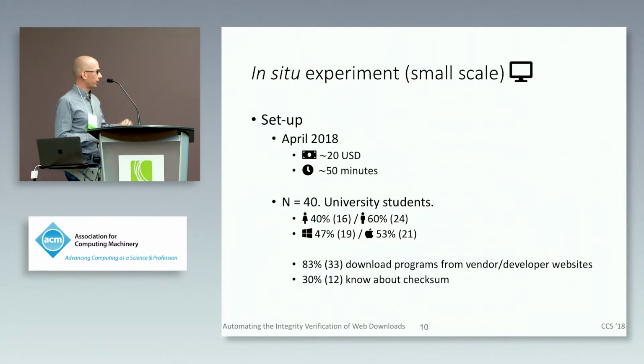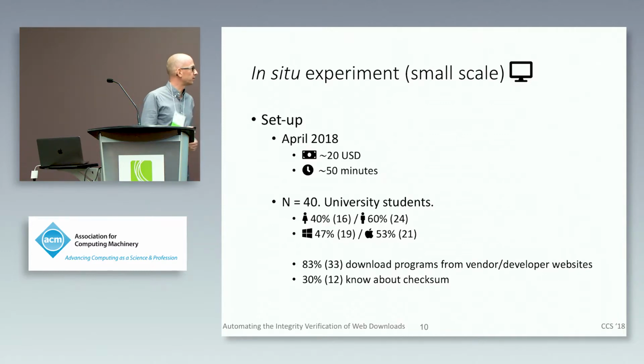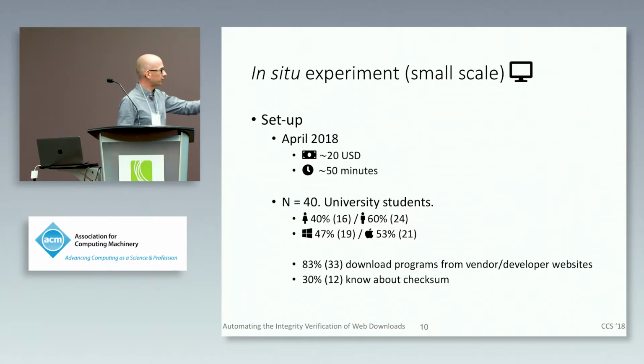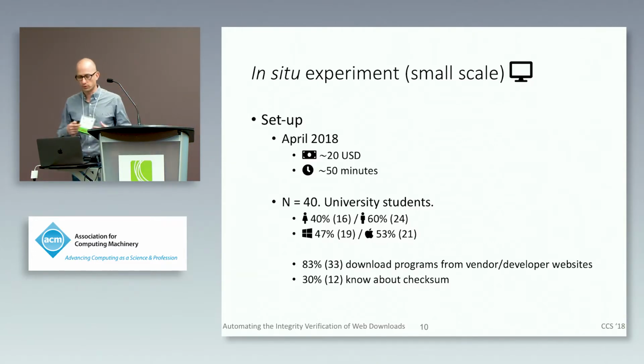So just a couple of statistics here about our sample. 83% of the participants reported downloading programs from vendor or developer websites, which is again a sign that a large portion of the participants we had were exposed to the threat, and only 30% of them knew about checksums. Here, the point is just to see whether there is a difference between users who know checksums and those who don't in the experiment.